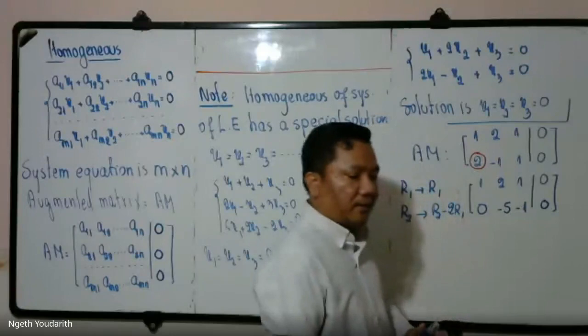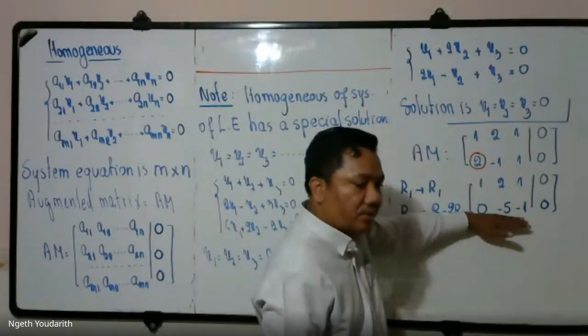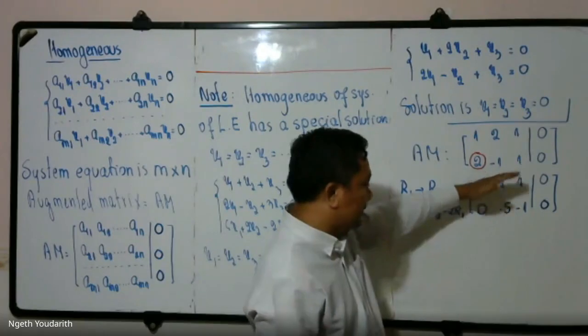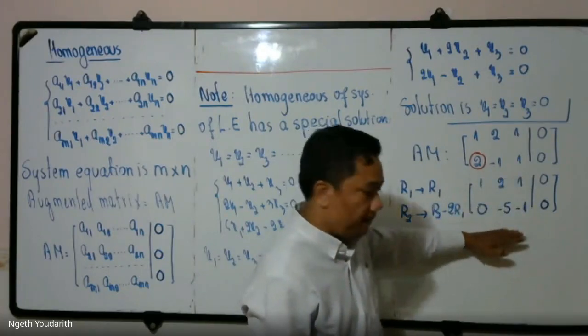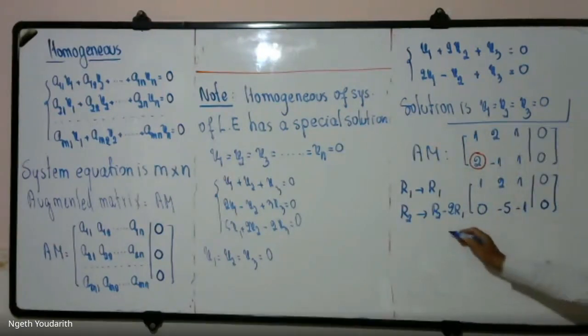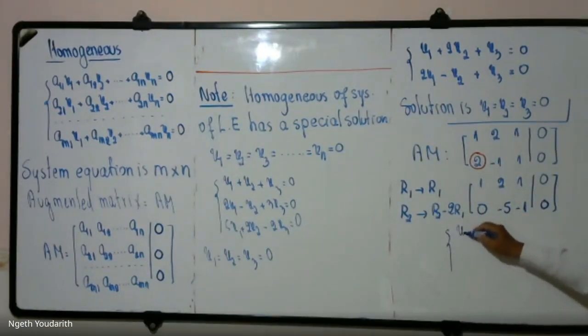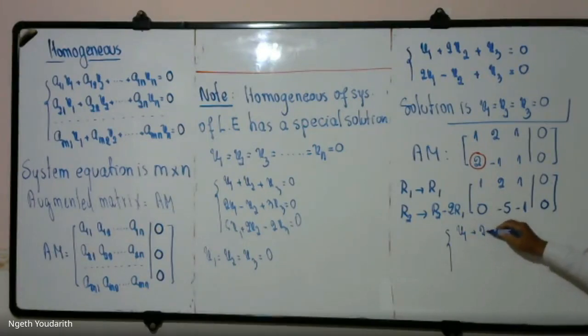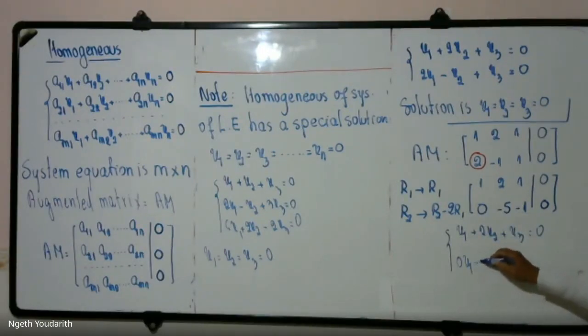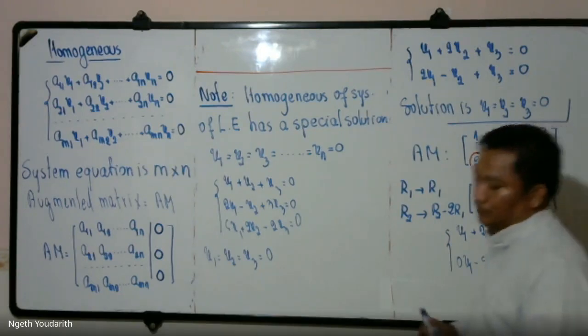When you get to this point, you stop and convert the matrix back to the system. So we get the system: x1 plus 2x2 plus x3 equals 0, and 0x1 minus 5x2 minus x3 equals 0. This is equation 1 and equation 2.